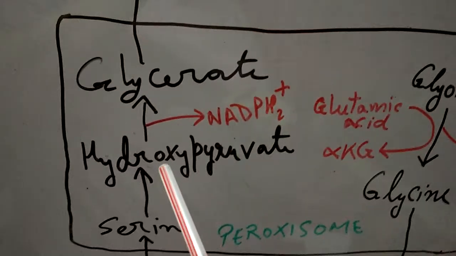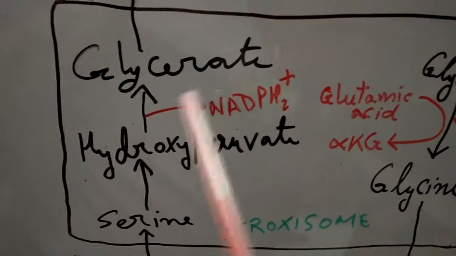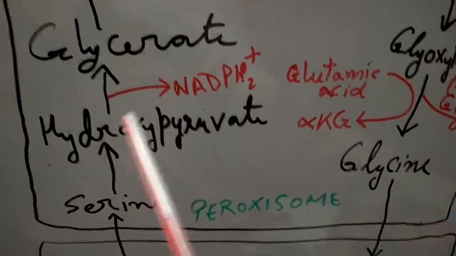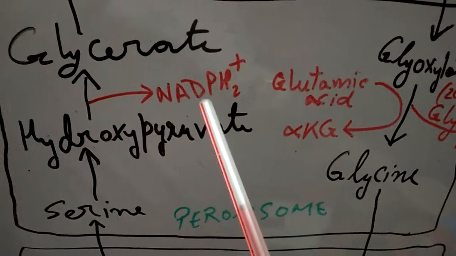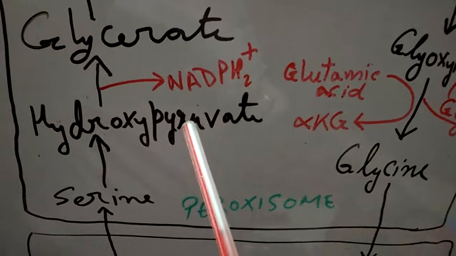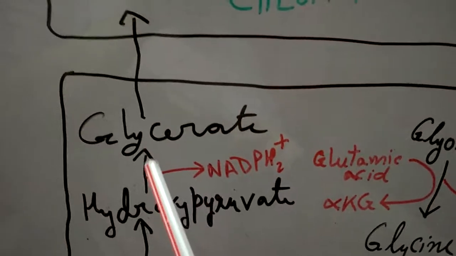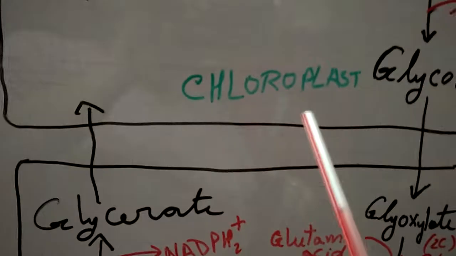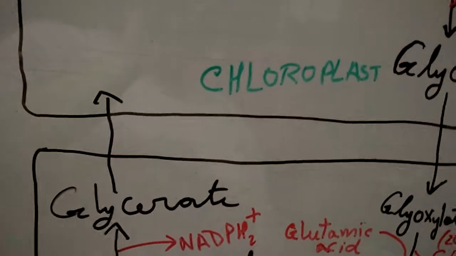Hydroxypyruvate converts into glycerate. During the process, again one molecule of NADPH2+ is released but not produced. This glycerate will move into the first organelle, chloroplast.